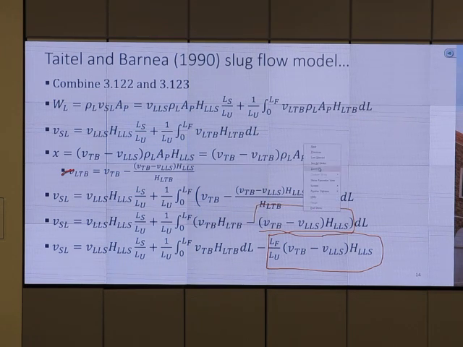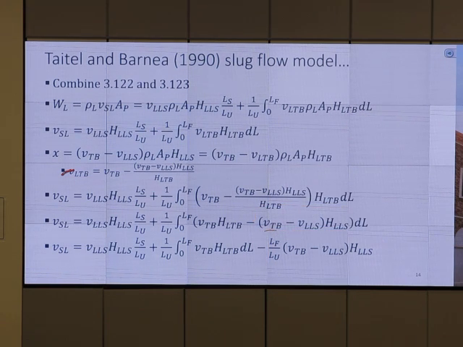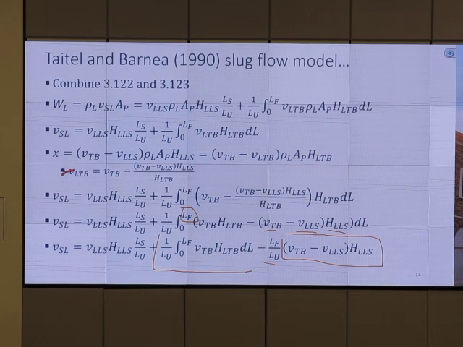We actually don't have to integrate it, right? Because we just multiply it. VTB is not a function of length in the field, right? VLLS doesn't have anything to do with the field. HLLS doesn't have anything to do with the field. So integration of something that doesn't have anything to do with the field is LF, divided by LU, multiplied by the original part. Just that. So the part left that we have to do the integration is this.